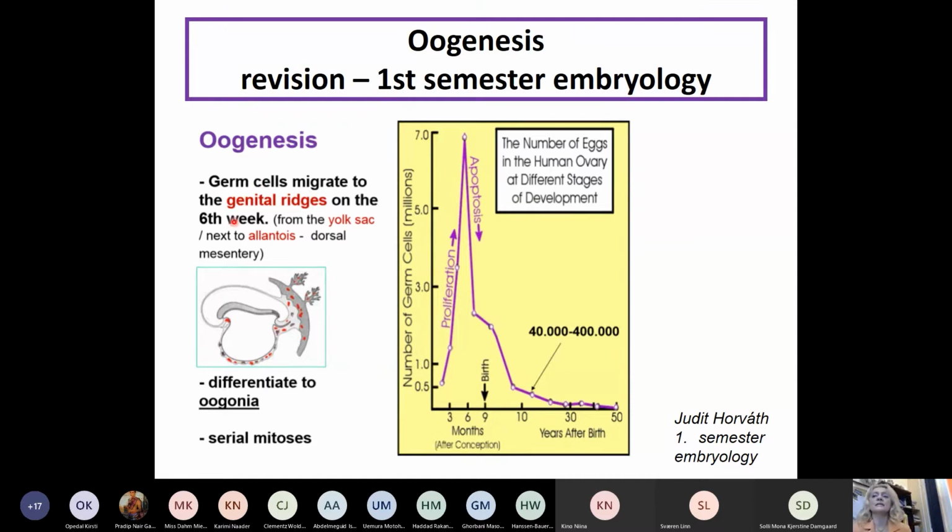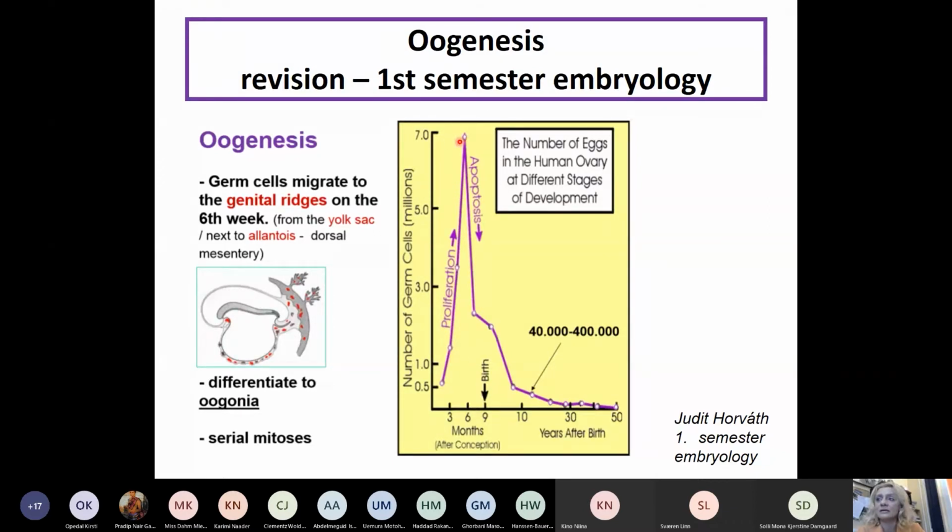So oogenesis starts, as you know, during embryonic life already. The germ cells migrate to the genital ridges from the yolk sac and then differentiate into oogonia and then undergo mitosis. And they reach several millions in number during embryonic life.